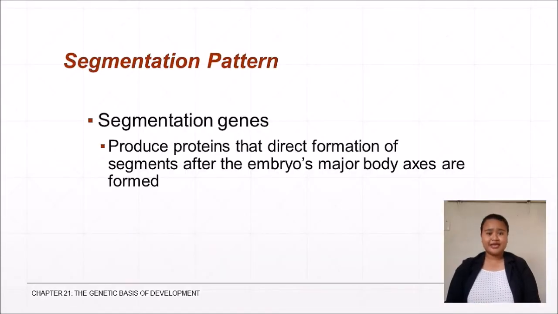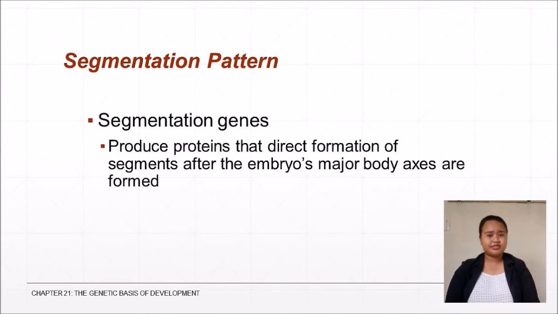You already know the mechanism of the axis formation of a Drosophila's body. Now, I am going to discuss the segment formation. The difference between the segment formation and the axis formation is that in the axis formation, the four major axes of the Drosophila's body are being formed.